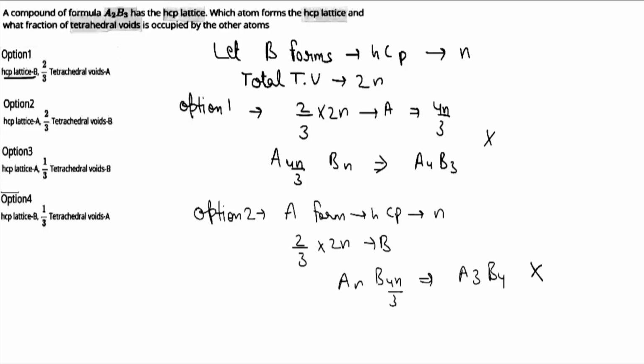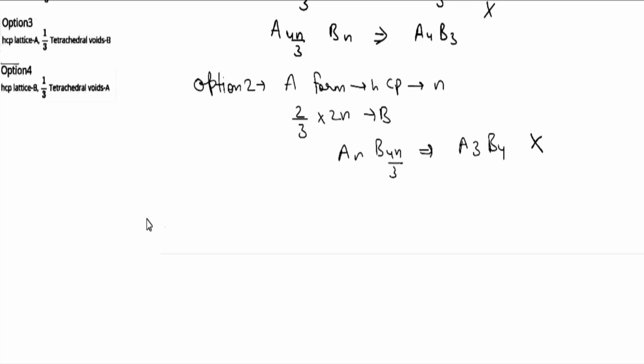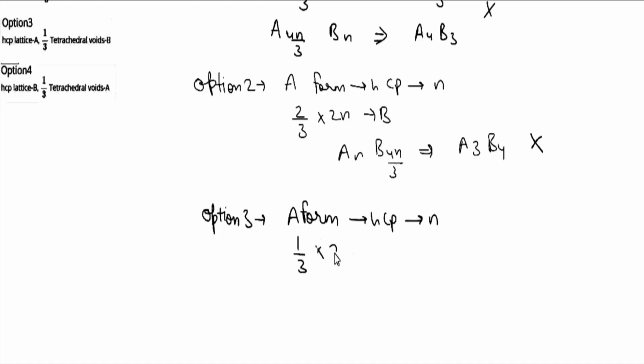Looking for option 3. Again, A forms HCP lattice according to option 3, and 1 by 3 of the total tetrahedral void is occupied by B. So the formula is An B2n/3, which is A3B2.